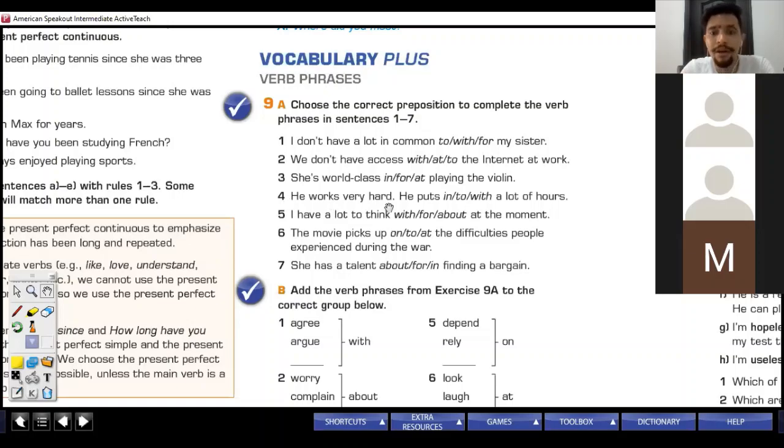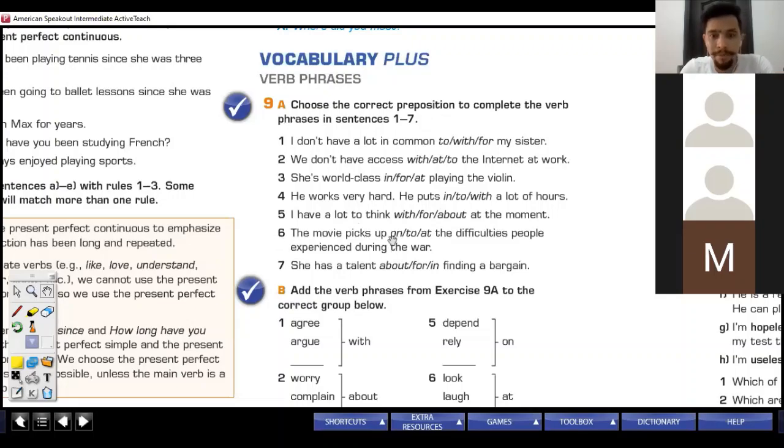4. He works very hard. He puts into with a lot of hours. In. In. Put in significa trabajar, pero de manera bastante informal. Eso sería como todo lo que diríamos nosotros acá, camellar o... Sí, maybe that, right? So 5. I have a lot to think with, for, or about at the moment. About. Great.